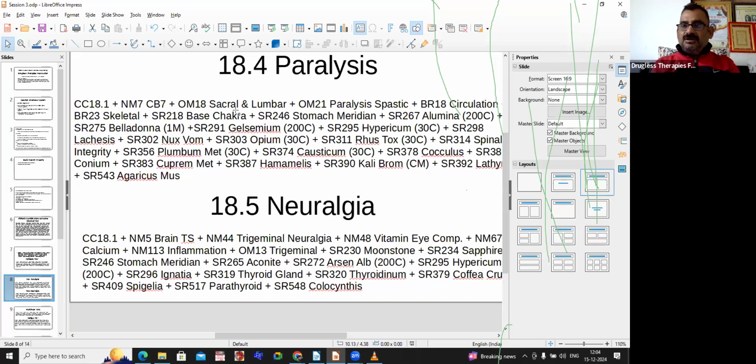CB7 is a wonderful remedy for nerve control, or you can say urgency in urination. All those things can be covered by CB7. It's one of the very good remedies in this way. And BR18, skeletal, is a group for the paralytic effect.